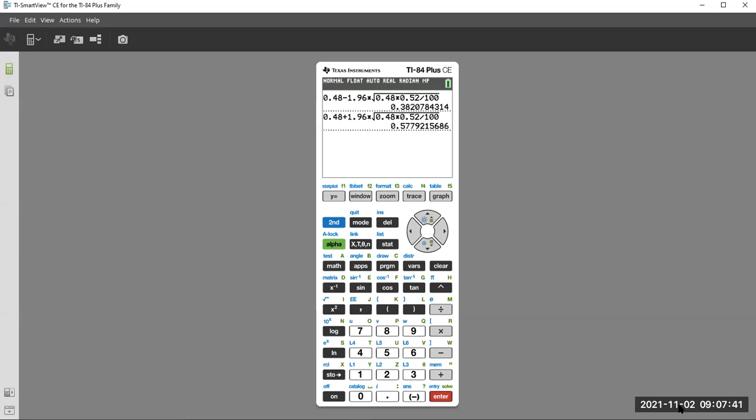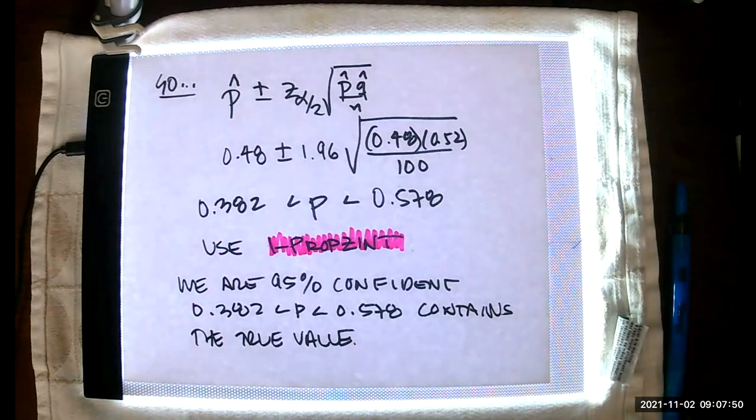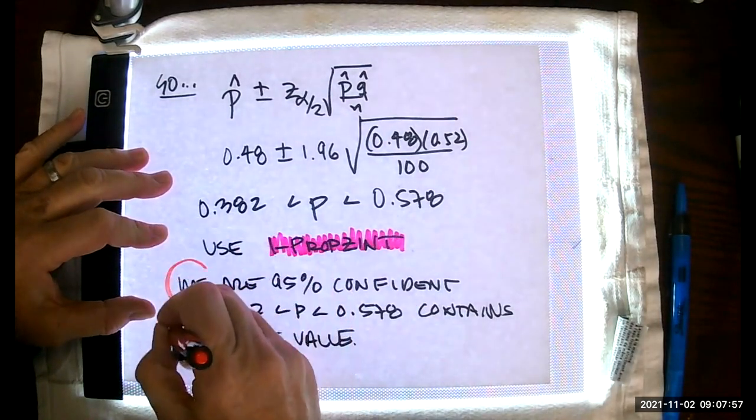So those formulas definitely work. They're not even hard to use really on a calculator like this. But again, that's really not how we do things. But before I leave this page entirely, I want to talk about our statement here.